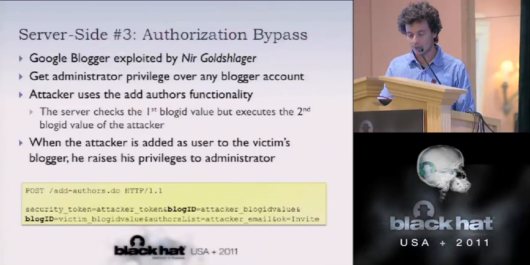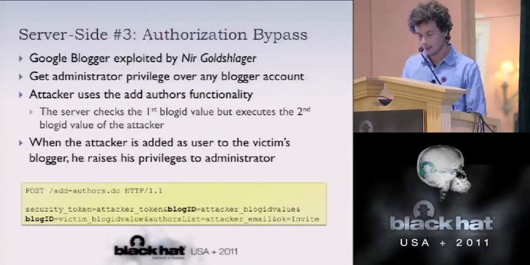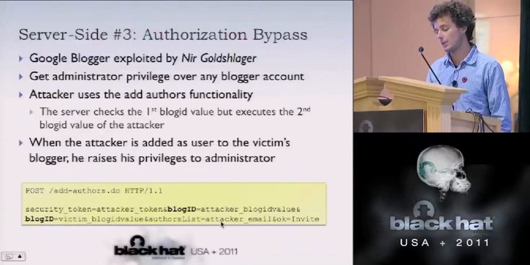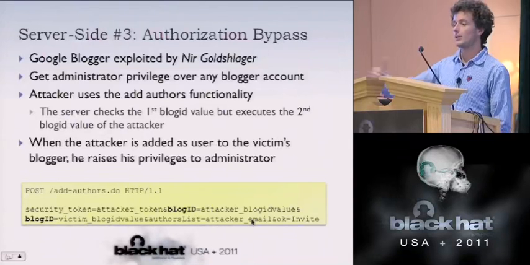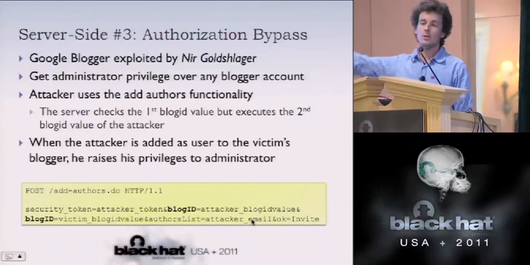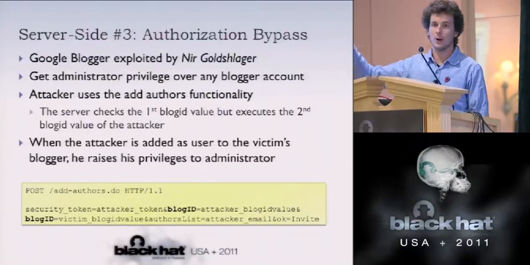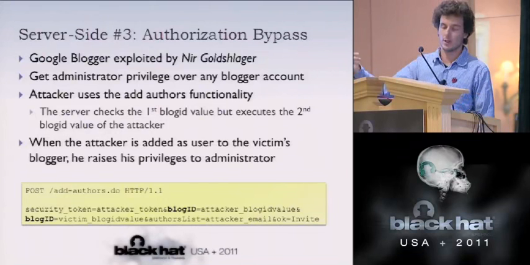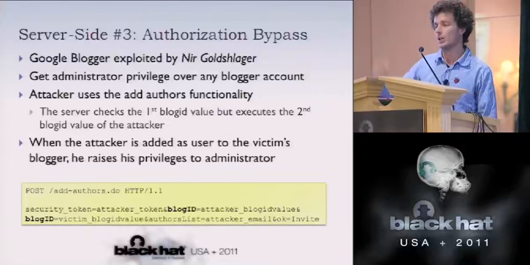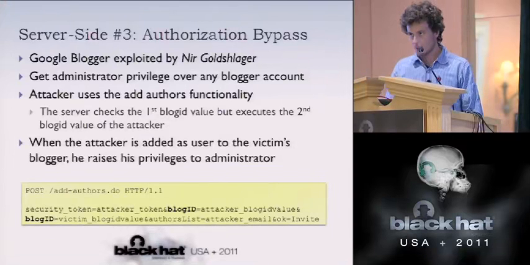Here you have an email address, the attacker's email, in the author list parameter. It was enough to add the attacker's email address, and then the attacker would receive an email saying, hey, these users want to add you as author of this blog. You just say okay, you become author, and then you can do privilege escalation and become administrator of the blog.